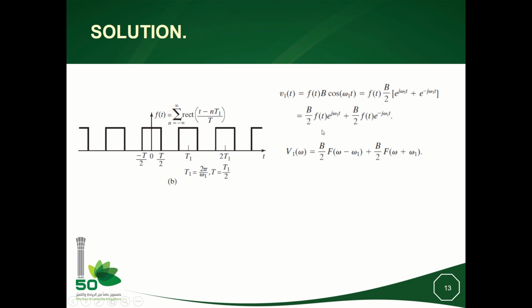So f(t) has F(omega) as a Fourier transform. When I multiply it by an exponential, I will have a shift in the frequency domain. And this is one of the properties of the Fourier transform. So here I have a plus, so here I will have minus, and here I have minus, here I will have a plus.